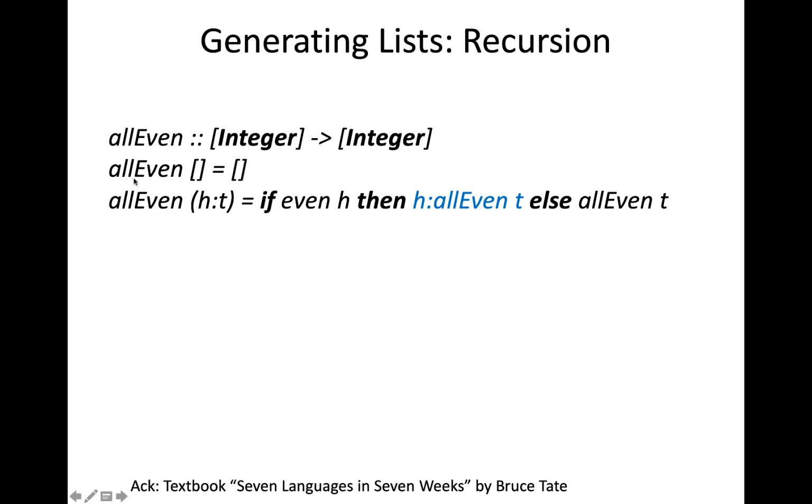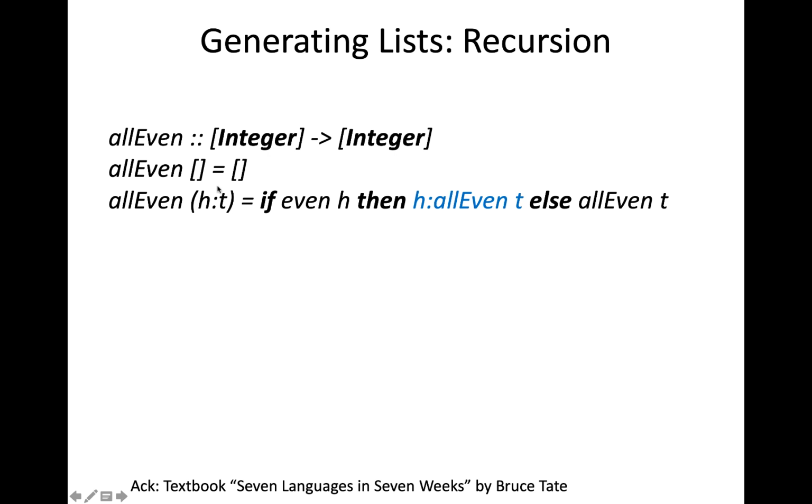What will be the recursive implementation of this function? If the list is empty, then that can be the return, right? Makes sense. And if the list is non-empty, then let's deconstruct that in head and tail.